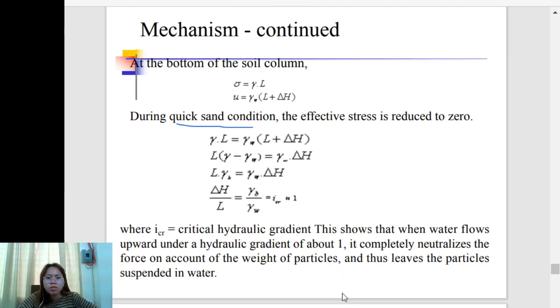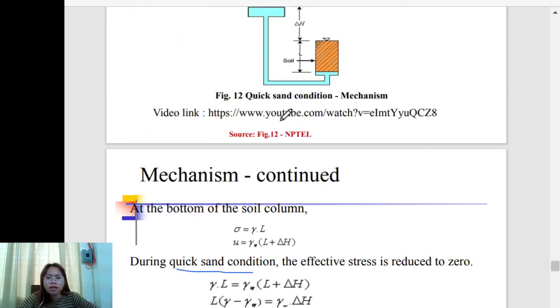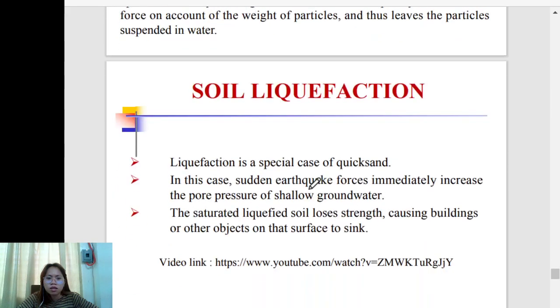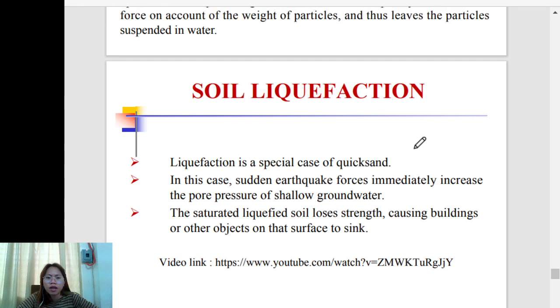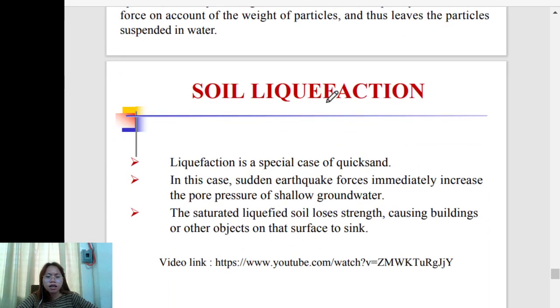To better understand, you can search this link and watch. So we have here soil liquefaction, which I think is still a quicksand condition, or yes, a special case of quicksand.